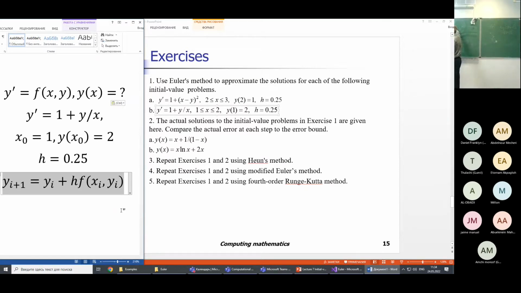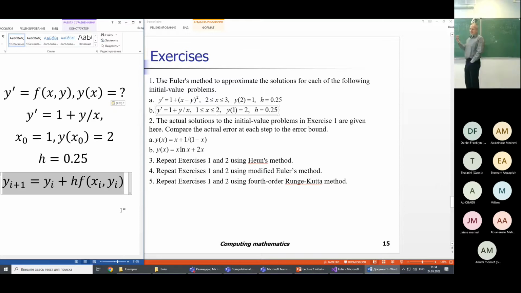What is x0? x0 is 1. What is x1? 1.25. x2? 1.5. What is y0? From the initial condition, y0 is 2.